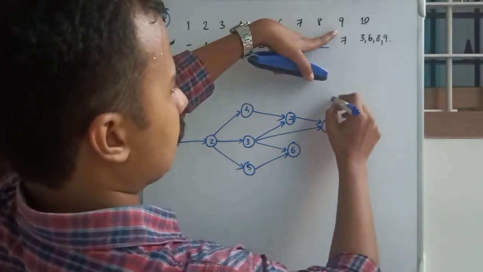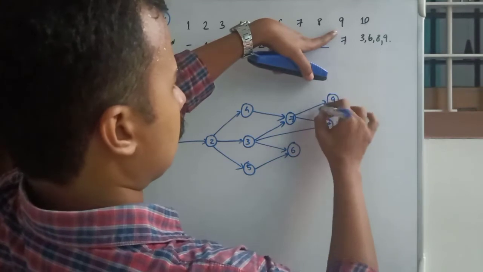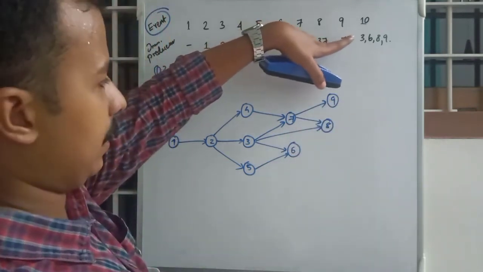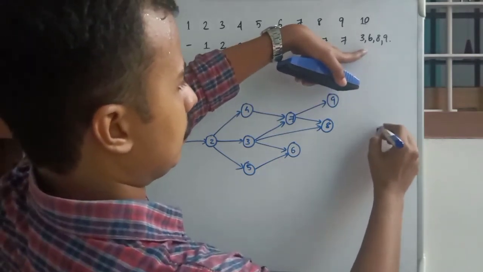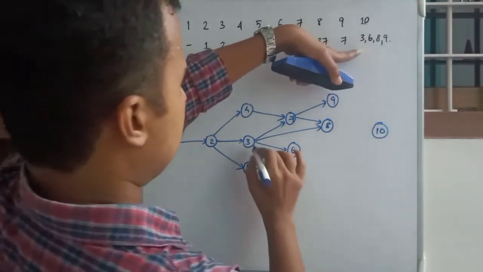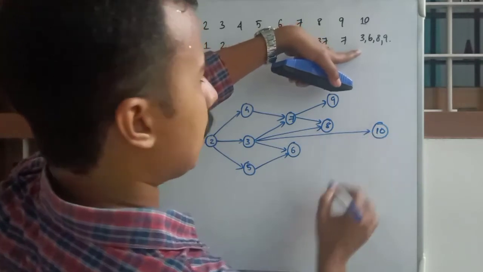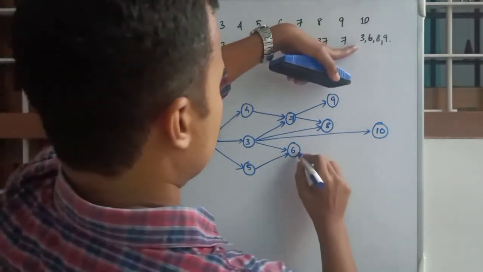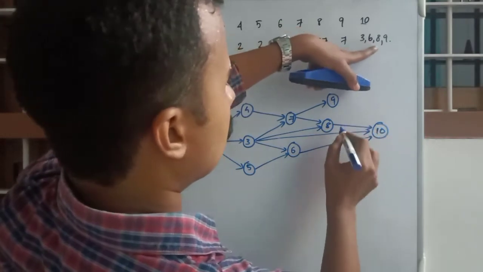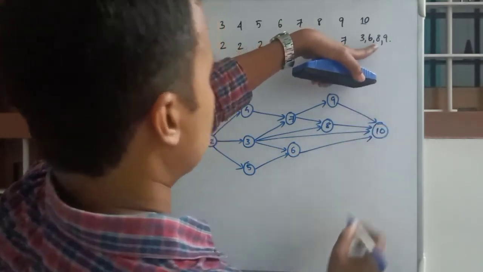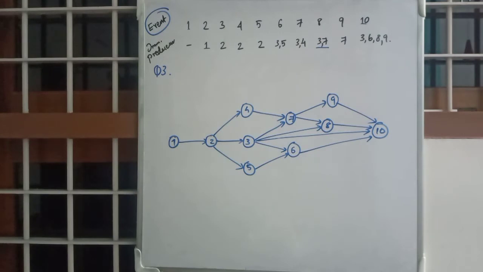And for 9 there is only 7. And the last one, 10, we have 1 as first, 6 as second, 8 as third, and 9 as fourth. It's a rather bigger one than the previous.